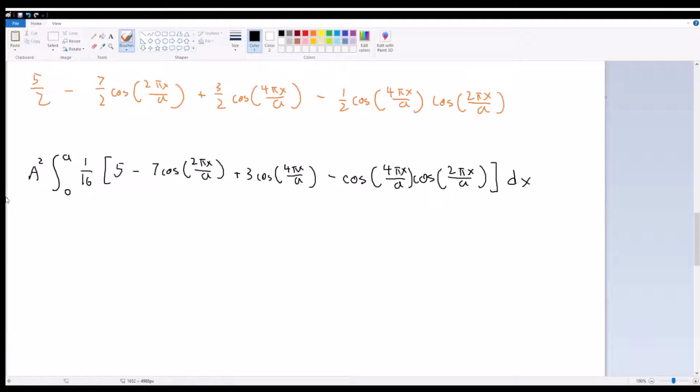Okay, so this can be split into 4 different integrals. I'm going to move the 1 over 16 out actually.